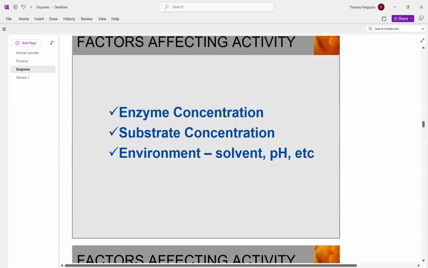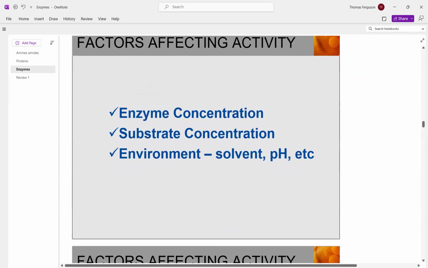Okay, so we talk about the speed at which a reaction happens. These are the three factors that determine that. Okay, so concentration of the enzyme. More enzyme there, you get to turn over more. If you have more substrate, you're going to produce more product. And then you have these environmental factors that will affect the speed of the reaction.